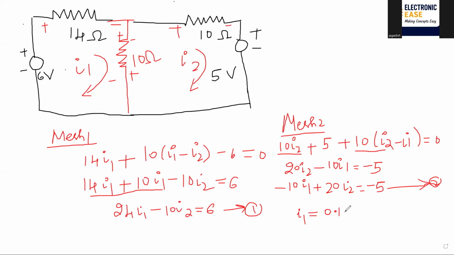Very good, correct answer. You are getting good marks. Minus 1.84 amperes. I2 is minus 0.1578. Correct.